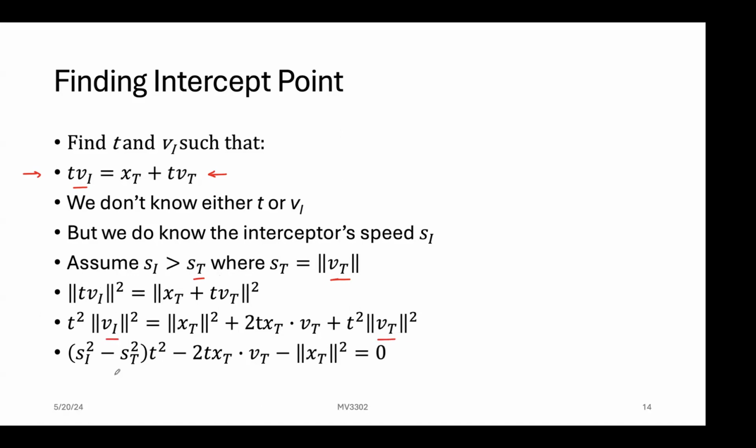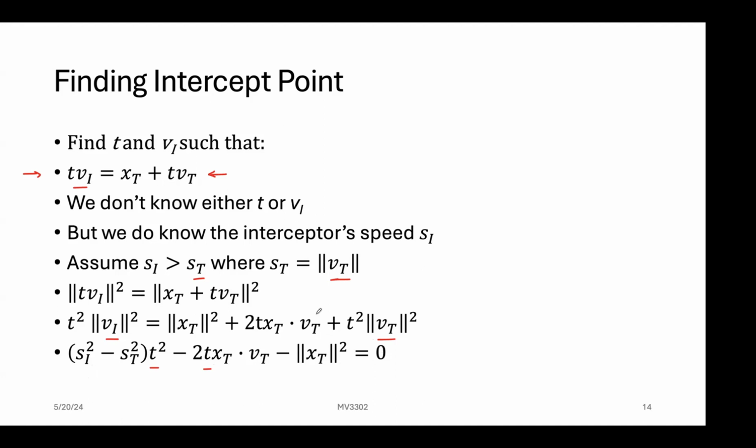And so when we unravel this, we have a quadratic equation in which we know the speeds, we know everything here except for t.